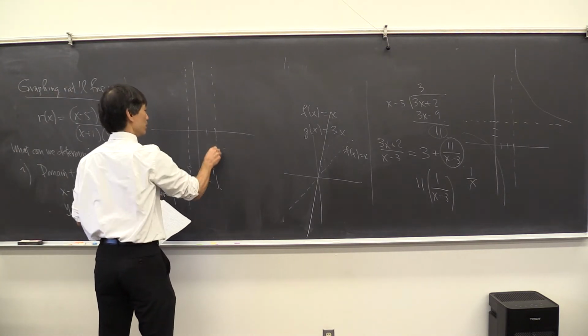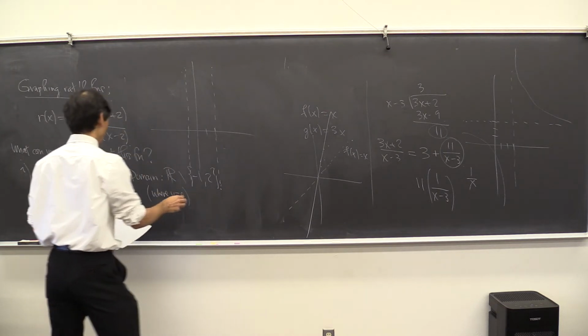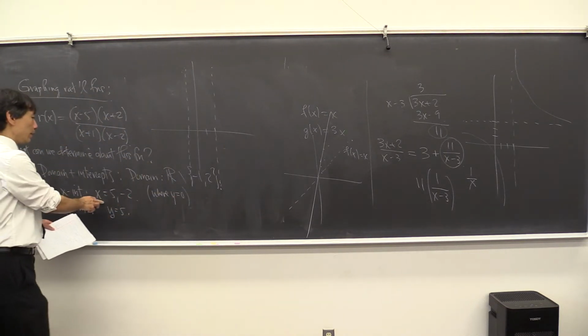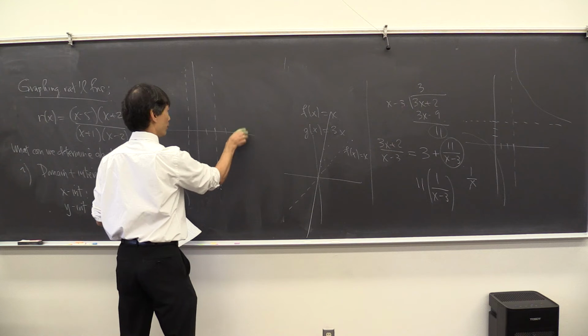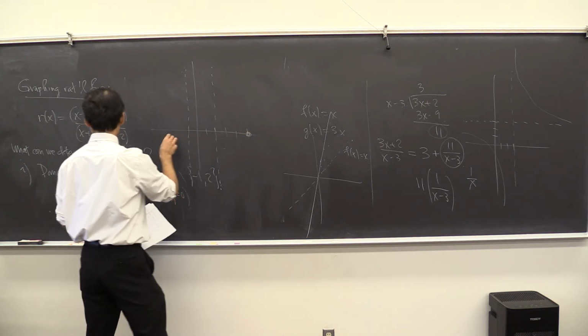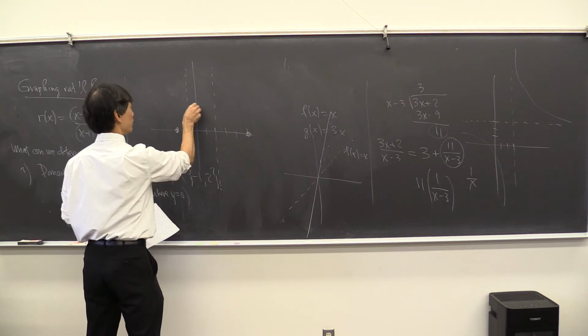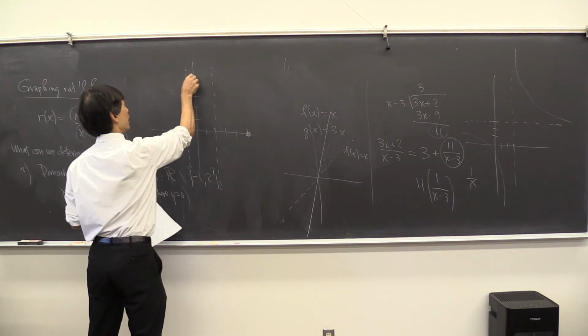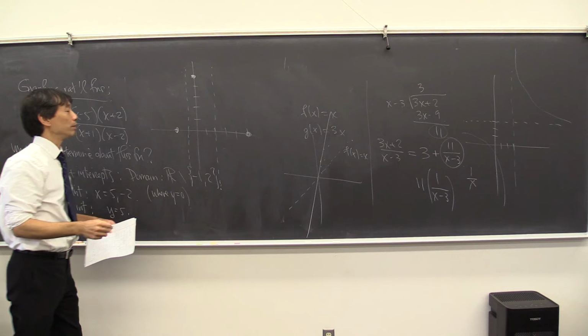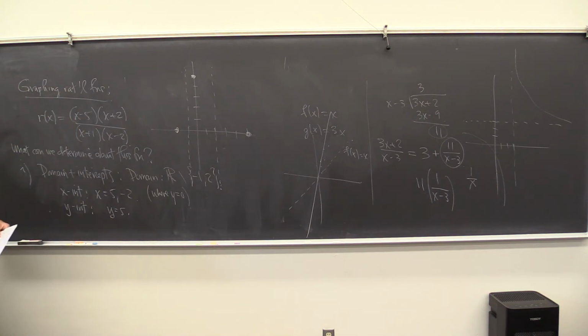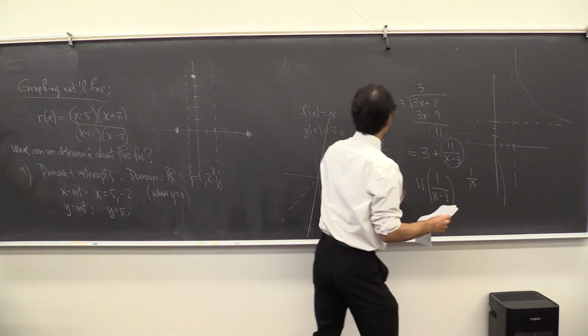So we know that there are asymptotes at -1 and 2, we know that the x-intercepts are at 5 and negative 2. We know it crosses the y-axis at y equals 5. And let's see, what else can we do with it?